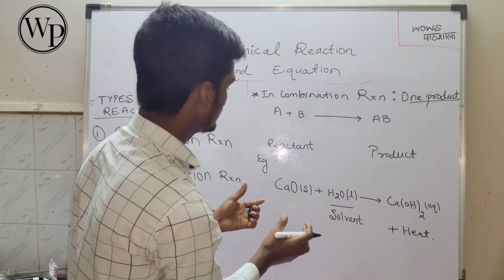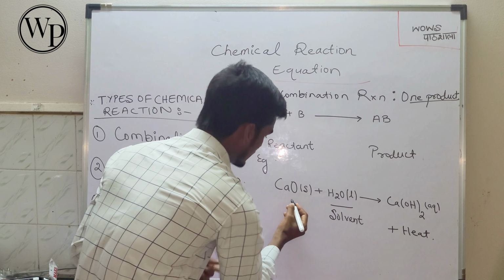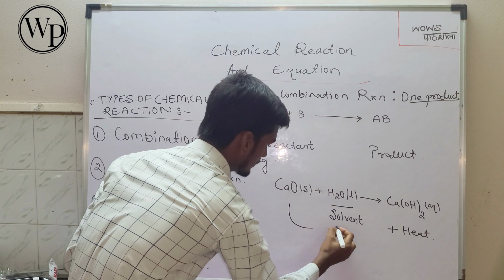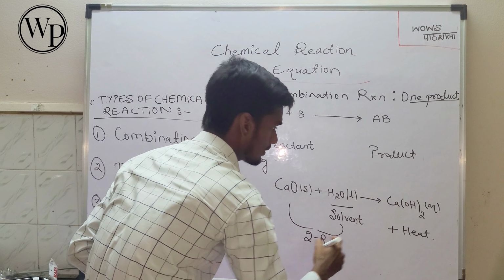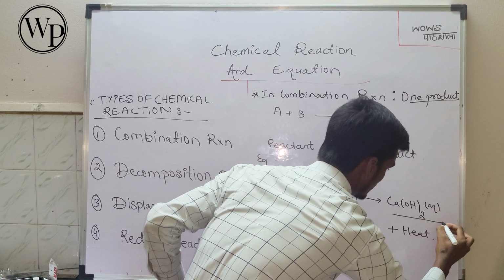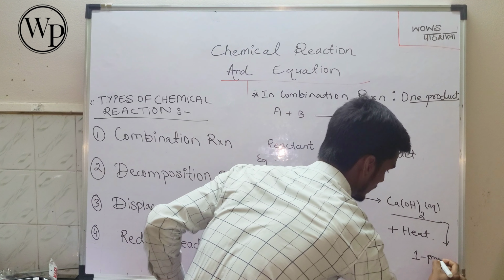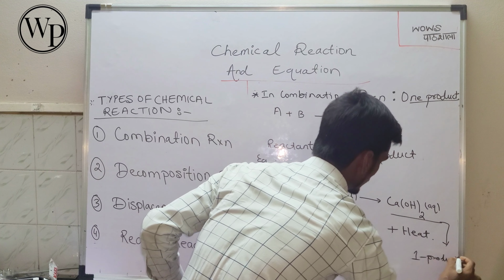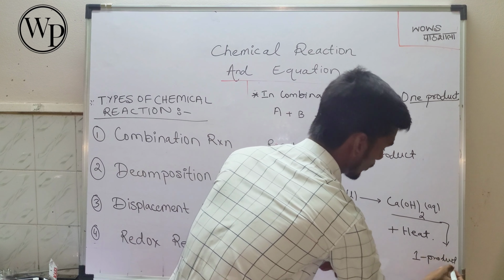Try to understand this equation. In this there are two reactants, but the product is only one. One product will form; the reactants may be two or more, but the product will be one.